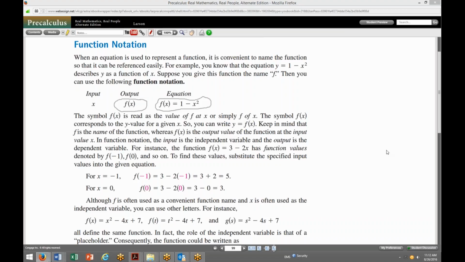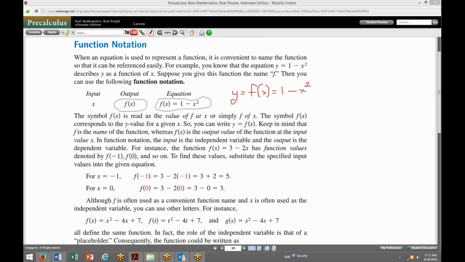So we can, for instance, have y equals f of x, and then continue on with another equal statement like 1 minus x squared.